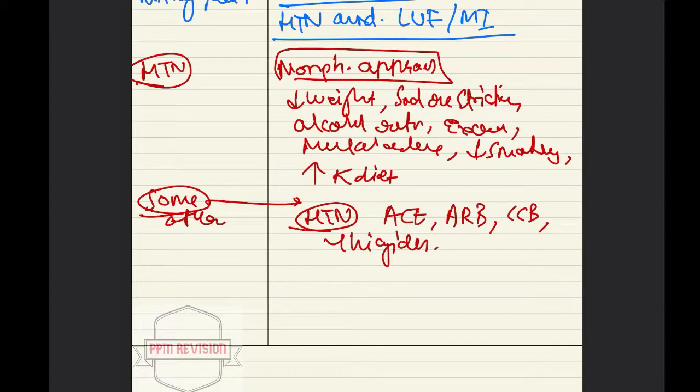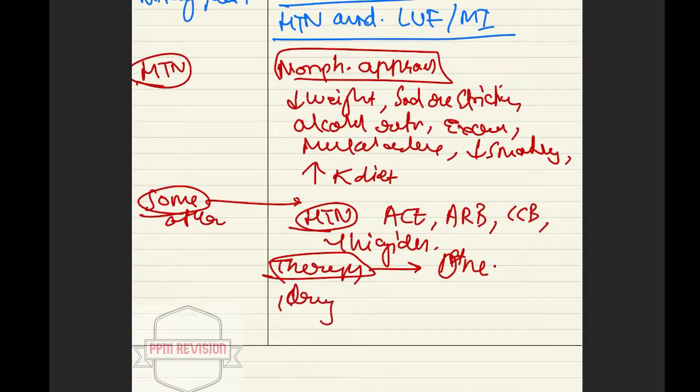And looking at the therapy, firstly it should be started with a single agent. So this needs to be known, and also combination therapy can be given. In case one drug doesn't work, you can try a combination.